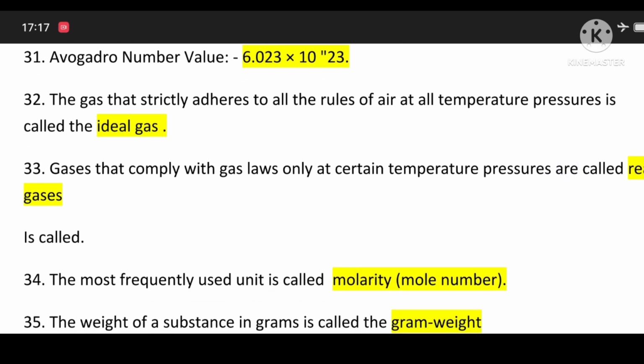Number 32. The gas that strictly adheres to all the gas laws at all temperatures and pressures is called the ideal gas. Number 33. Gases that comply with gas laws only at certain temperatures and pressures are called real gases.